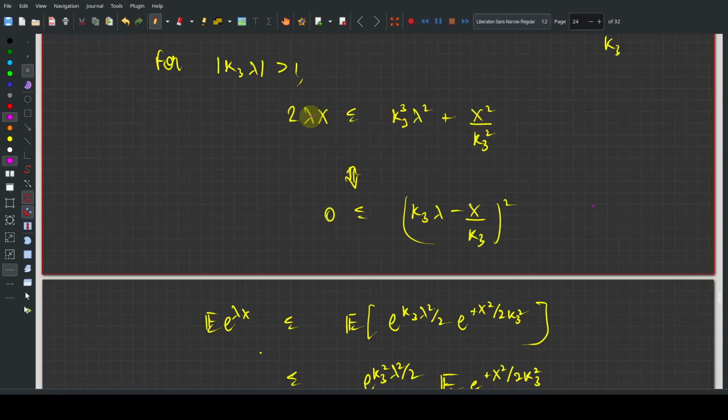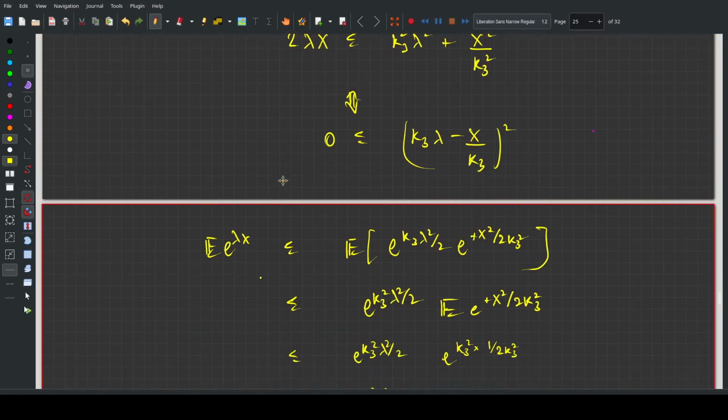We got this bound essentially by looking at the square. So k3 lambda minus x by k3, the whole square, is greater than or equal to 0, which implies that k3 square lambda square plus x square by k3 square is greater than or equal to 2 lambda x. Right? So this was roughly where we stopped in the last class.